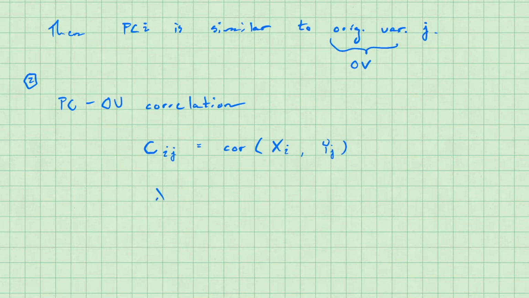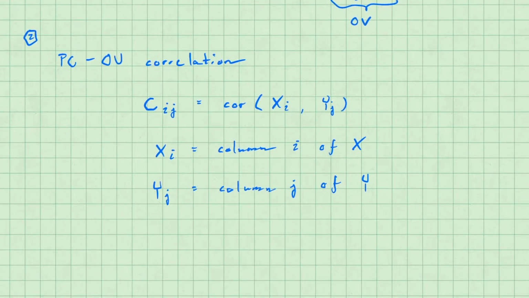To be clear, Xi in this case means column i of X, and similarly Yj is column j of Y. I think we used that notation for the Y matrix before, but I'm not sure if we did for the X matrix, so I wanted to make sure it's clear here. You make a matrix of the correlations between these two different columns to understand how they relate to each other.